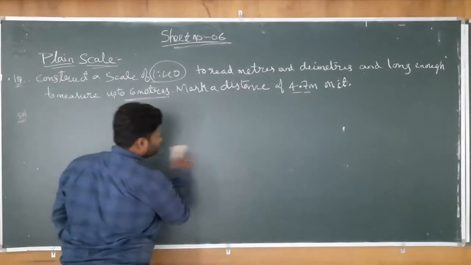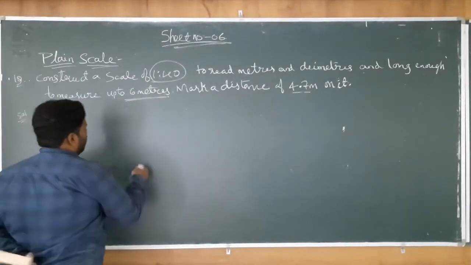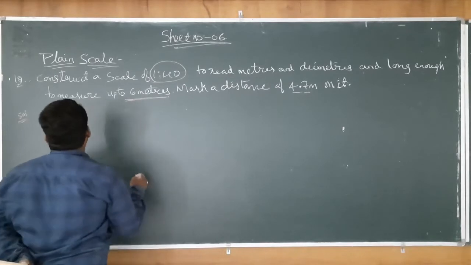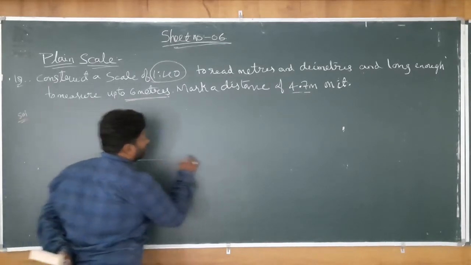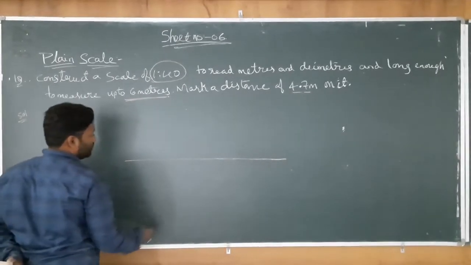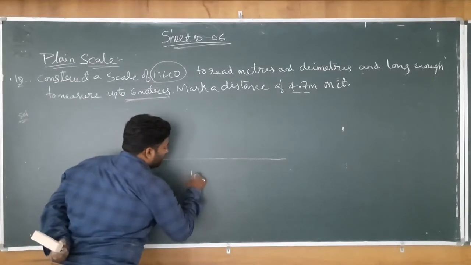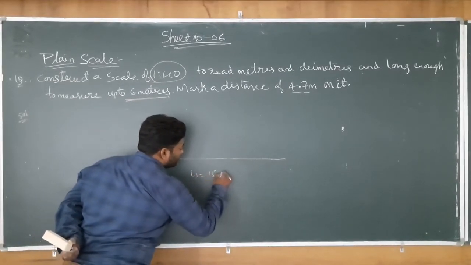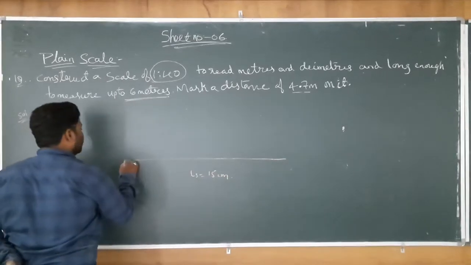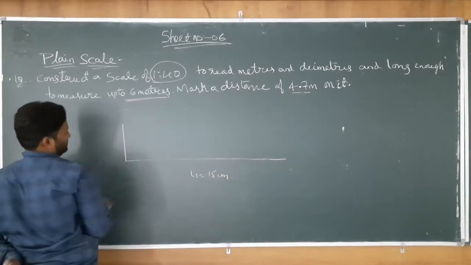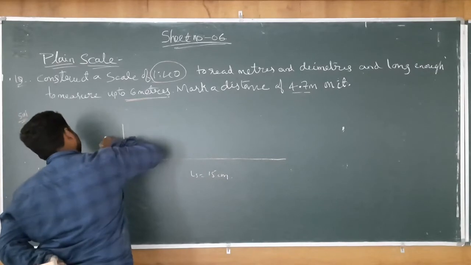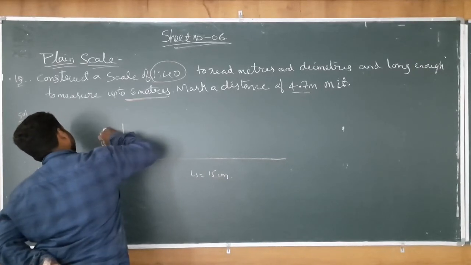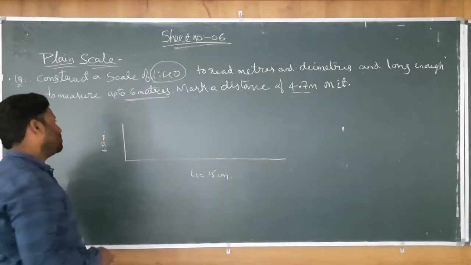In the drawing part, first of all we have to draw the length of this scale, that is nothing but a line. We have to draw a line or a rectangle whose length should be equal to LS is equal to 15 centimeters and the width should be equal to 1 centimeter, 1.5 or 1 centimeter. So, here I will take 1.5 centimeter, or you can take it as 1 centimeter also.